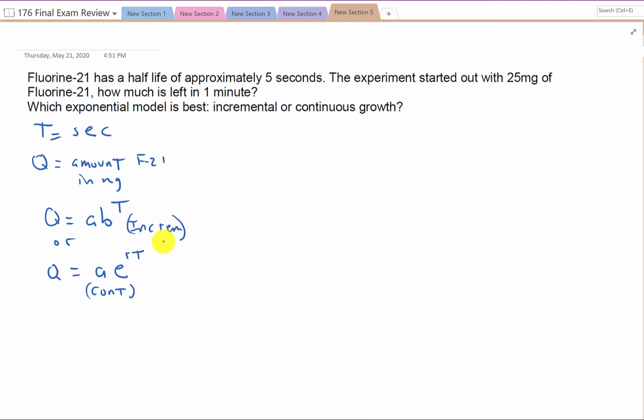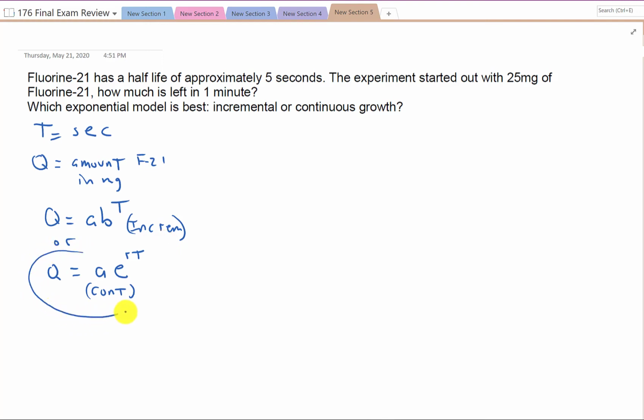And if we're thinking about radioactive decay of a substance, that's not like a bank account. A bank account pays once a month or once a year or once a day. But the radioactive decay of this chemical is going to be a continuous interaction, a continuous chemical reaction going on here.